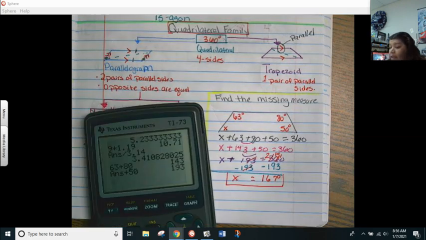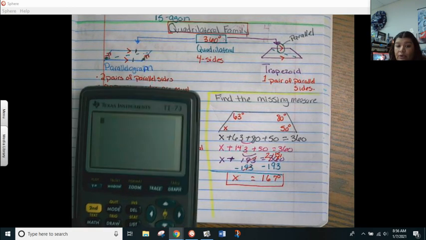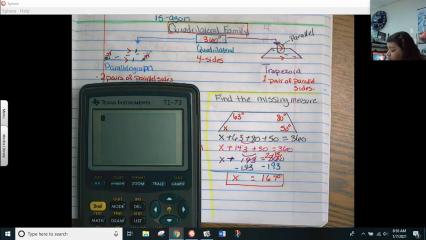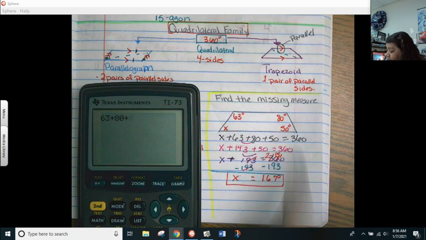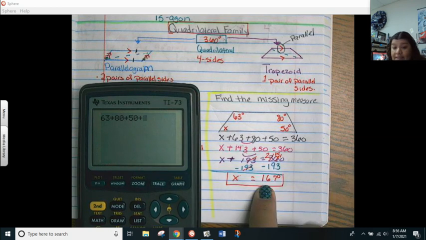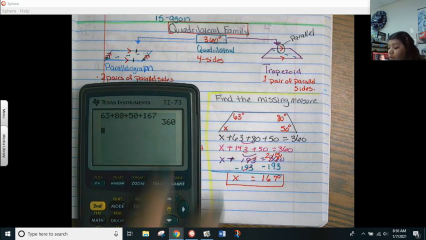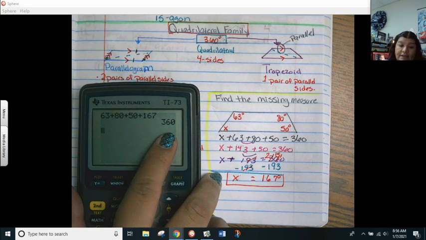Let me show you right here. If I were to add everything up, it has to total 360. So I'm gonna do 63 plus 80 plus 50 plus, now I'm saying x is 167, and it should equal 360, which it does. So that means we got our correct answer, okay?